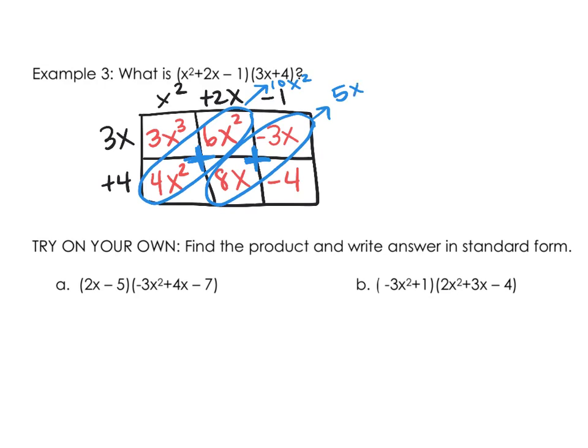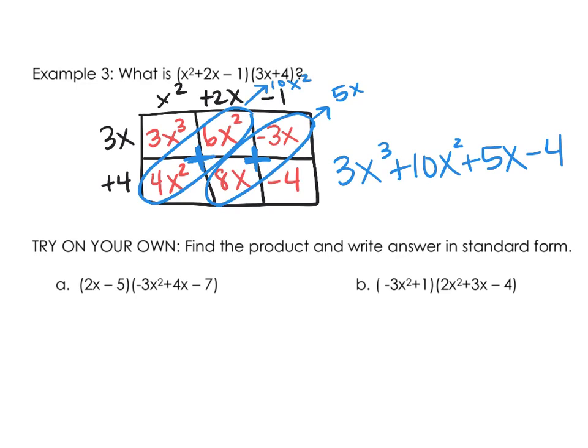So I got to write out all of my answers. That 3x to the third didn't go with anyone. My 10x squared is after I combine my like terms. Same as my positive 5x after I combine my like terms. And then that negative 4, I didn't go with anybody else. And my answer is written in standard form, so I am done.